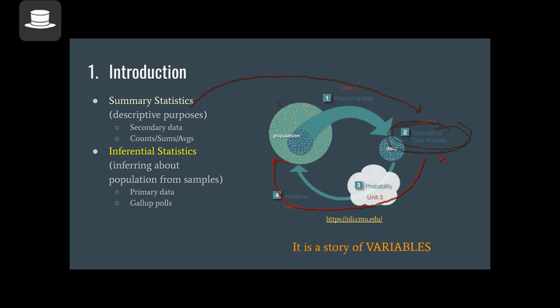So let me elaborate on that. We found that in our sample of 1,000 individuals, 60% are in favor, right? Now you use this magic wand to make inferences about the population, and by using these inferential statistics, you will estimate the population value. The sample value was 60% in favor.